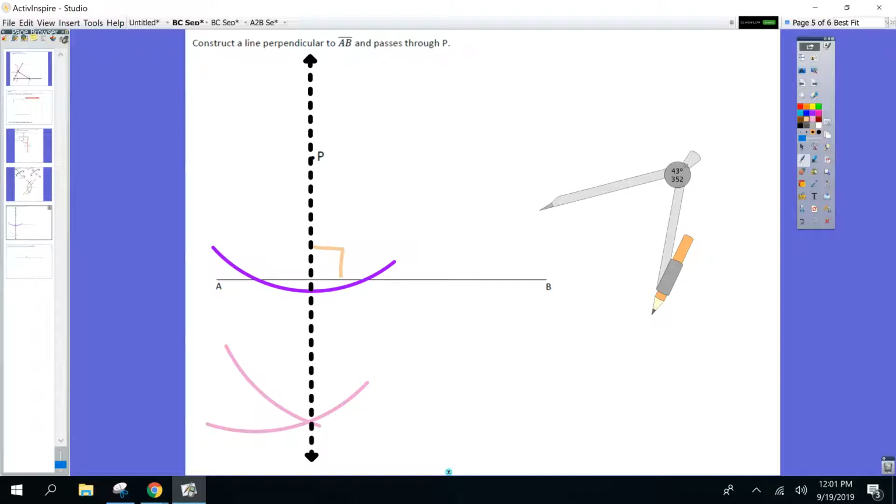Perfect, perfect. And it does say construct a line, right? So make sure you got arrows on yours.